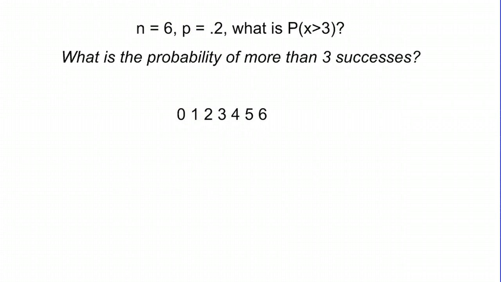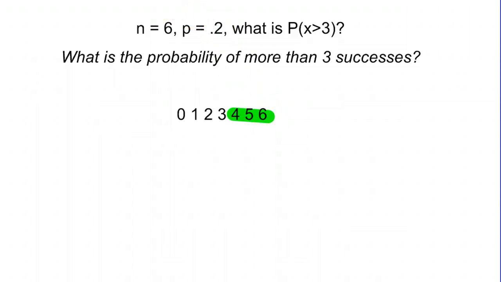The numbers that I want are more than 3, which does not include 3. More than 3 would start at 4, include 5, and include 6. I want to know the probability of 4 plus the probability of 5 plus the probability of 6.